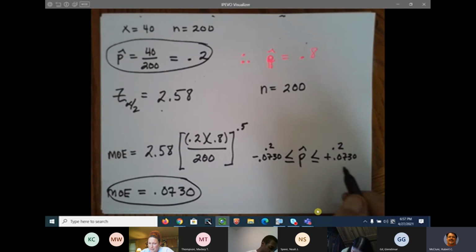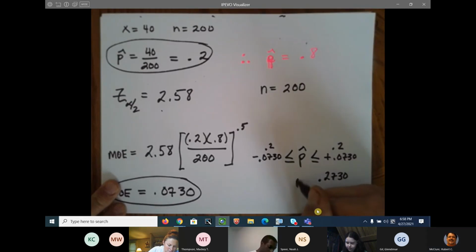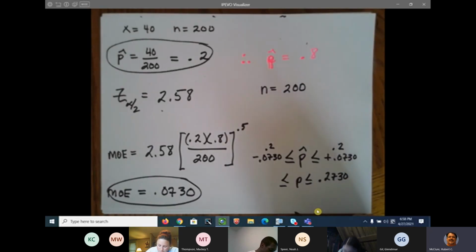I can do this one: this is 0.2730. And somebody subtract on this end for me. 0.2 minus 0.0730.